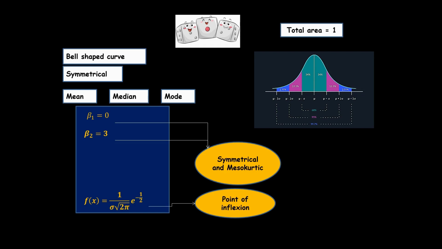In those situations, a binomial distribution or Poisson distribution tends to the normal distribution.